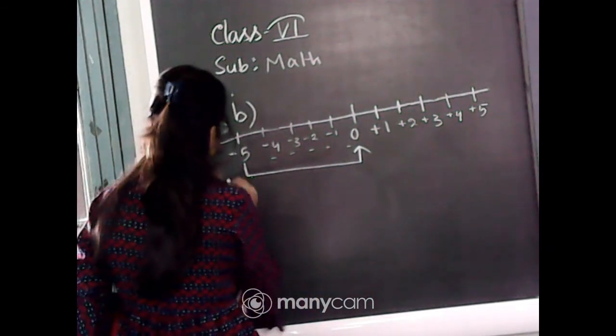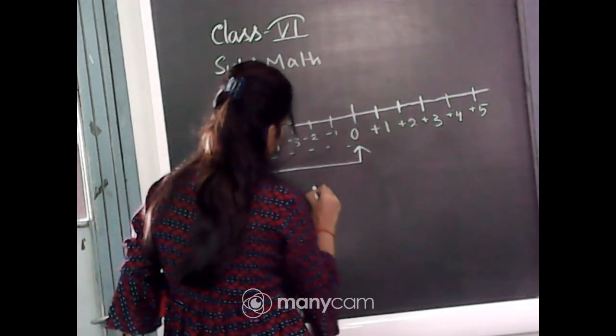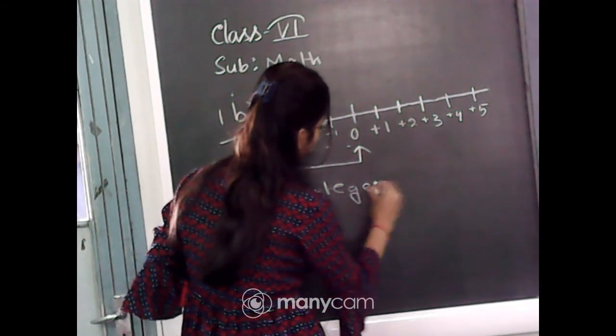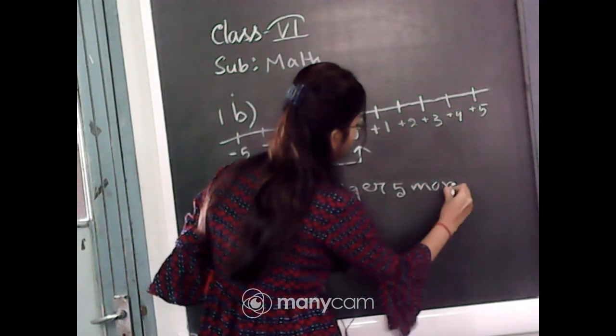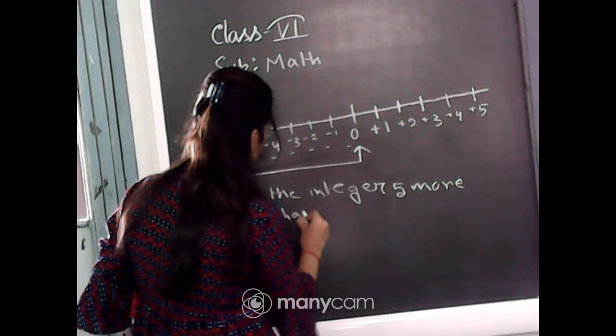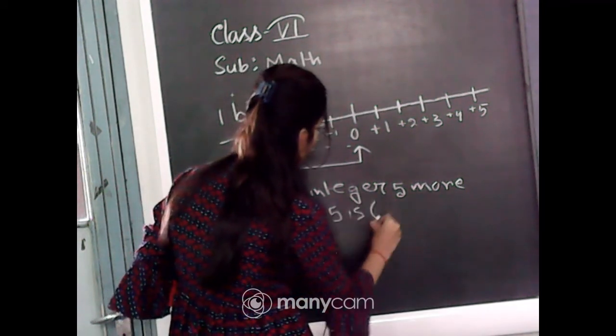That is, the integer 5 more than minus 5 is 0.